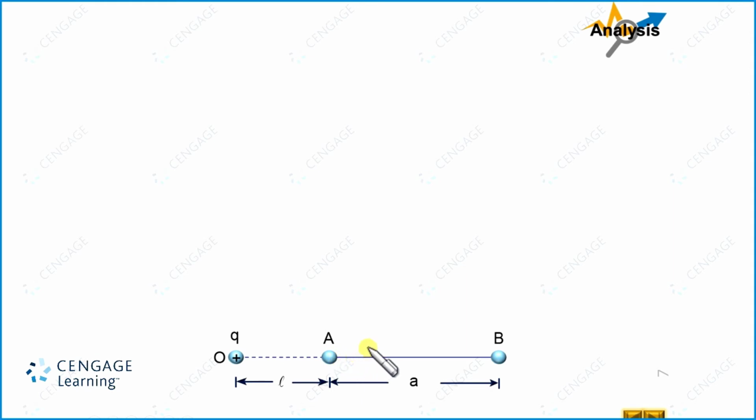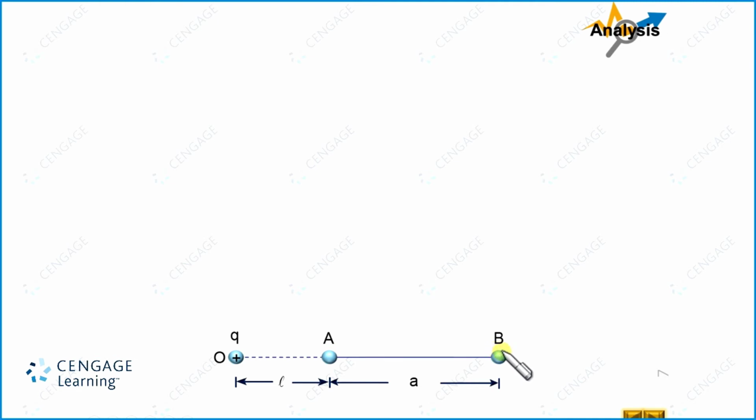The free electrons will be attracted toward the positive charge, because the electric field due to this small q will be in the rightward direction, radially away from small q. That means in the positive x direction. That means the free electrons will move toward A. That means sphere A will be negatively charged and sphere B will be positively charged.